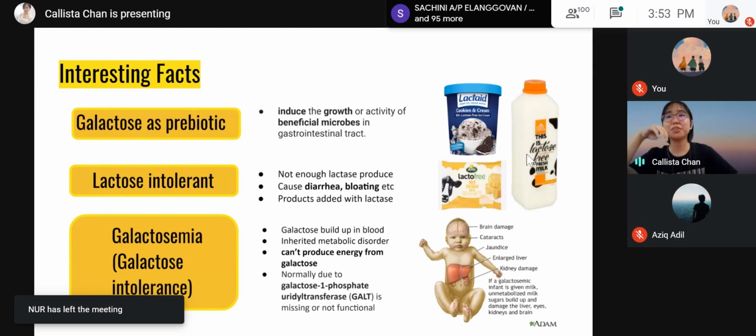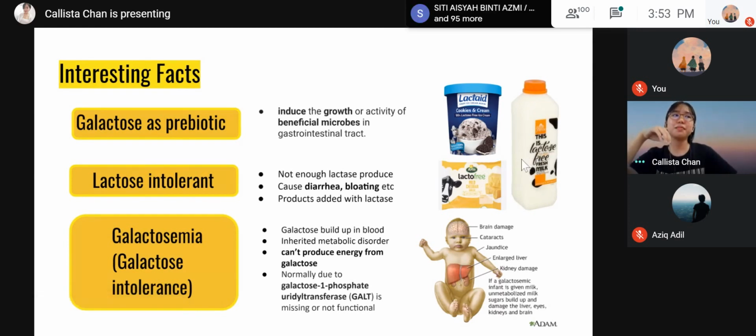It's a type of milk called lactose free. The producer of this milk actually added lactase into the milk to break the lactose into galactose and glucose. Yes. And then the third one is galactosemia, which is also known as galactose intolerance.